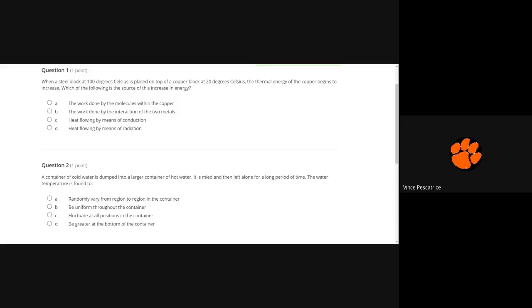All right, so the work done by the molecules in the copper, work done by the interaction of the two metals, heat flowing by means of conduction, heat flowing by radiation. It says right here, placed on top is the key. There is work being done by these two, A and B, but it's not the best answer.